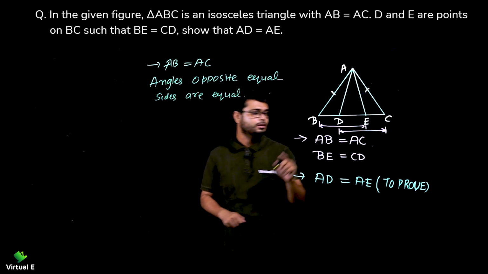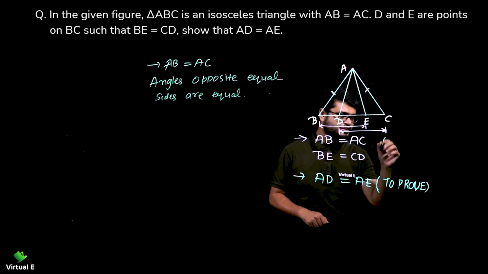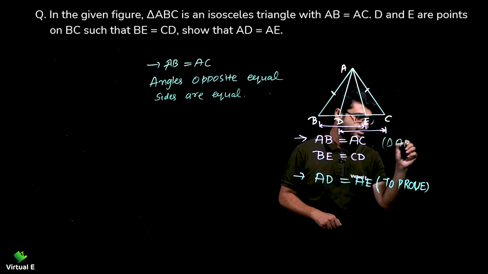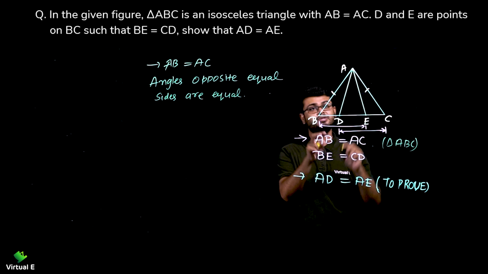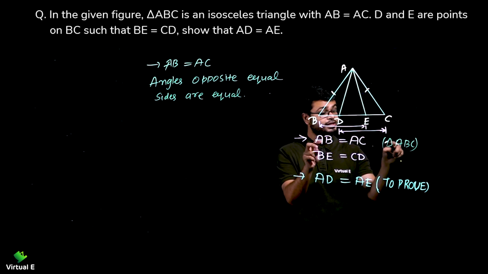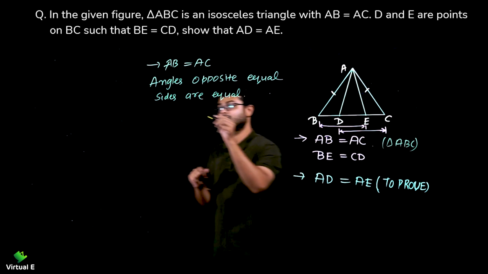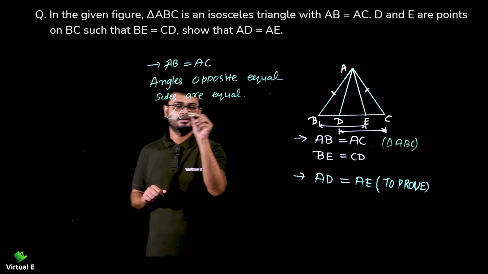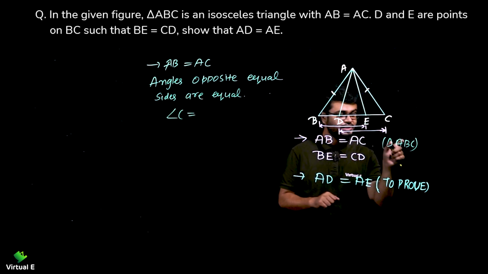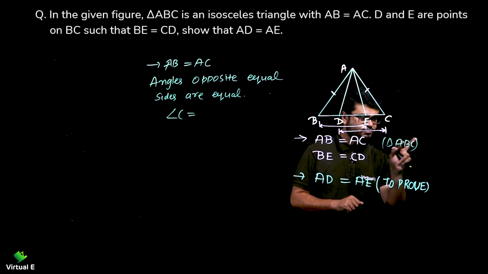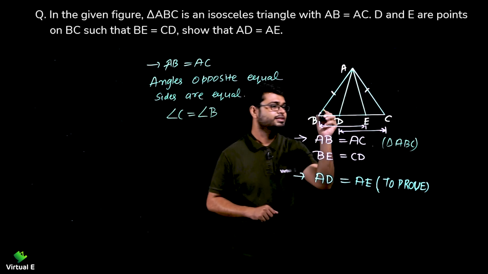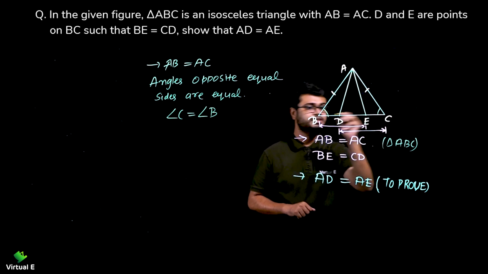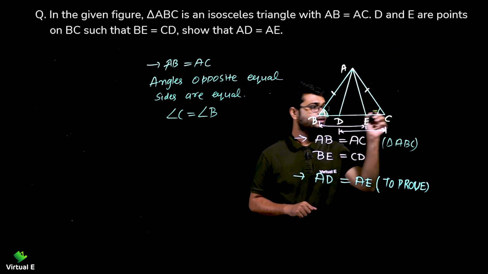When we talk about triangle ABC, if we take AB as equal, what is the missing alphabet out of ABC? C is missing. So let's write angle C. And for AC, remove AC, what's left? Angle B. So we proved that this angle and this angle are equal.